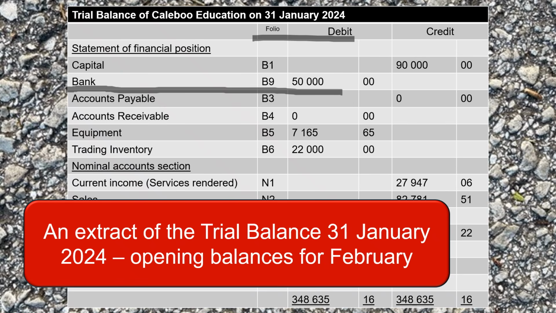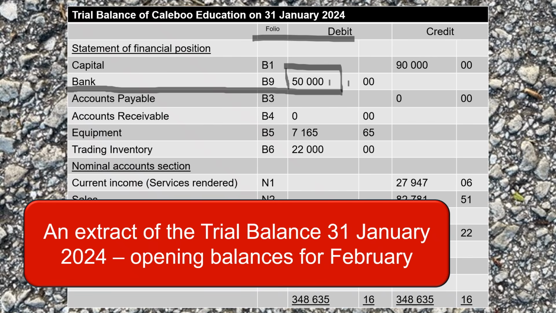We are going to look at the transactions that we recorded for February. We're going to take those transactions from the table and put that information into the bank account. So when we start February, the 1st of February, the balance brought down is going to be 50,000.